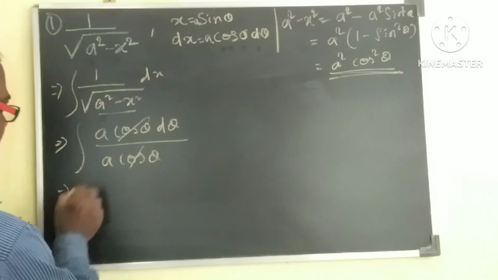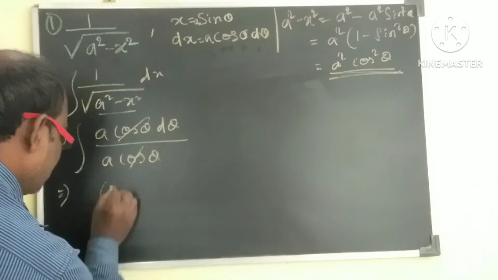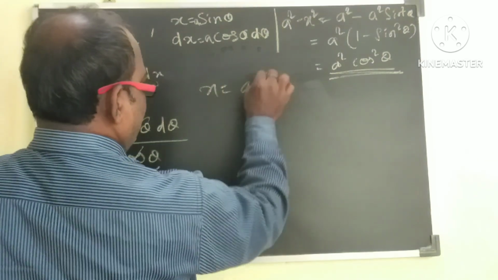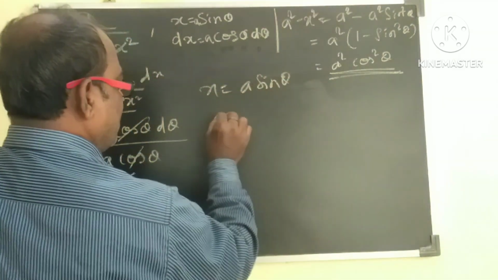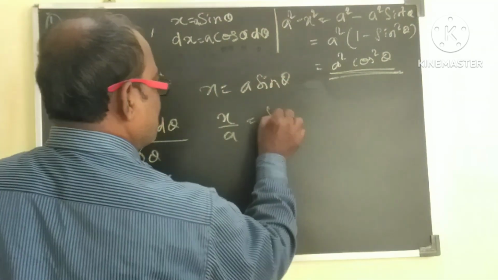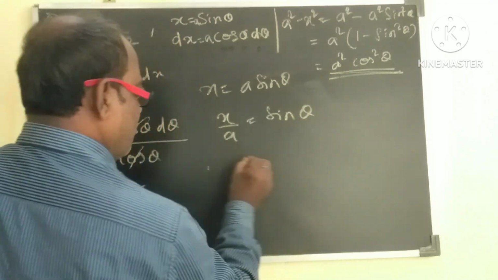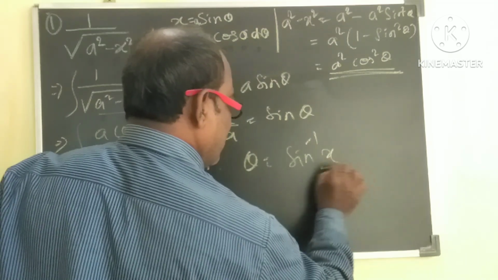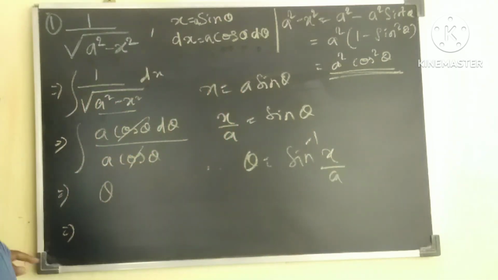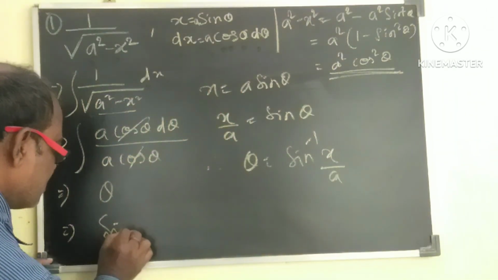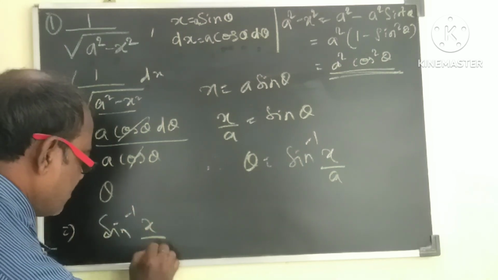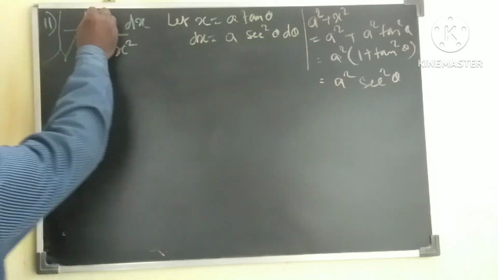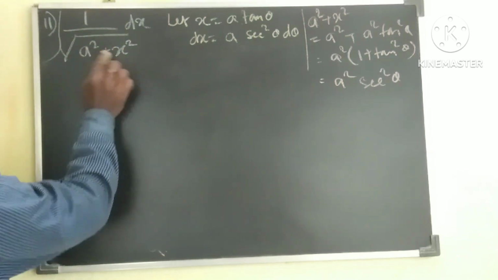Cancelling out, we get the integration of d theta, which is theta. But we know that x equals a sin theta, so x by a equals sin theta, therefore theta equals sin inverse of x by a. So here we can write sin inverse of x by a. Clear?